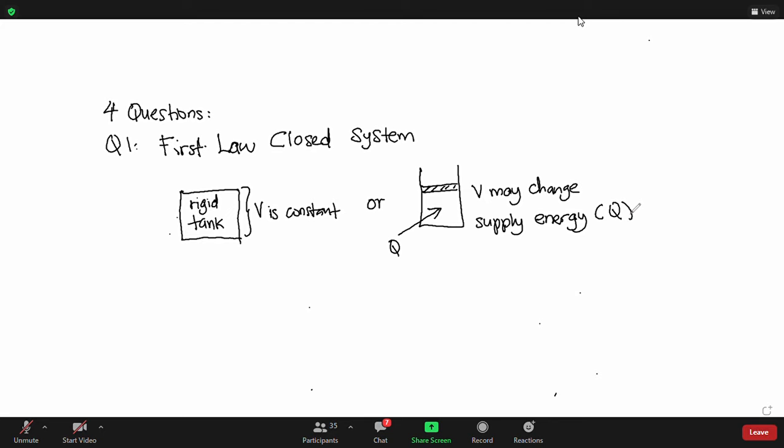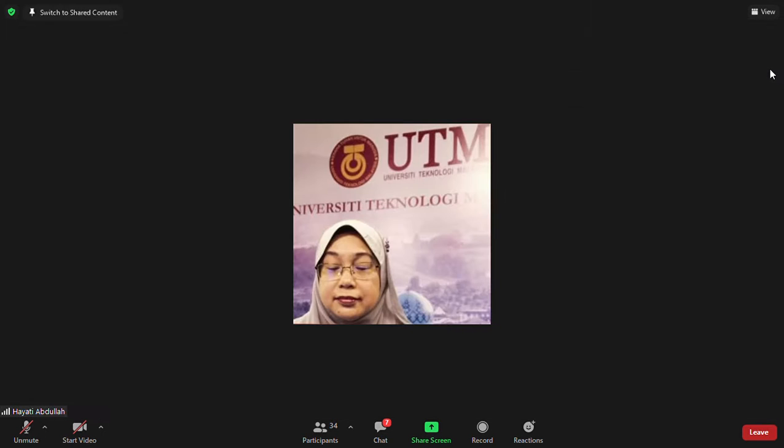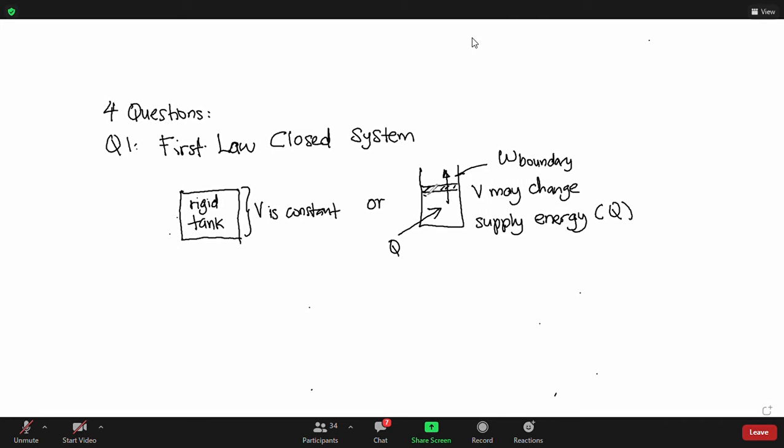And so what is going to happen is this piston, the volume may change because the piston is going to move up, and this is what we call as work boundary, because the boundary is moving. So in this case, this is going out of the boundary. So this is work boundary out.